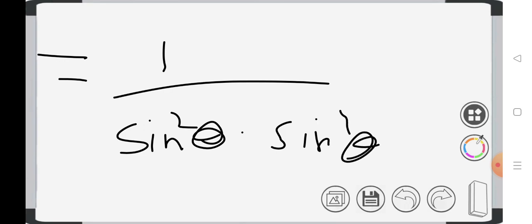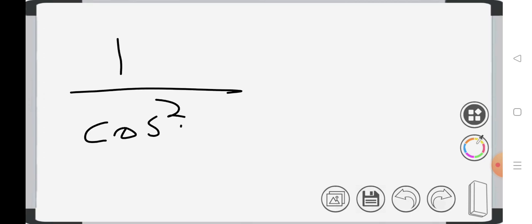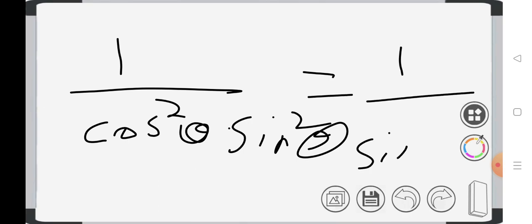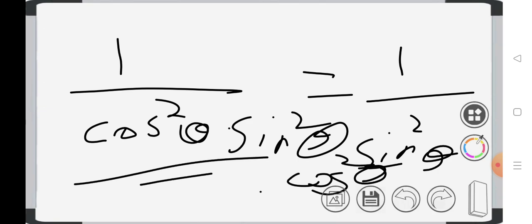So this one we proved, but it is difficult to prove directly, that's why I took in LHS side till where I got 1 by cos square theta into sin square theta. After that I took sin square theta common in RHS, so I got 1 by sin square theta into cos square theta, so both are same. So in this way I proved this problem.